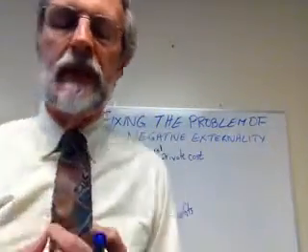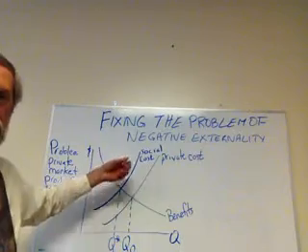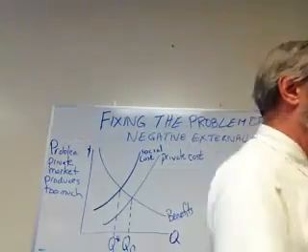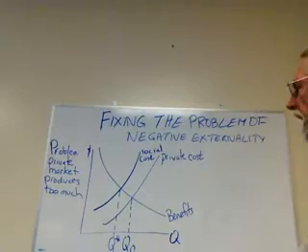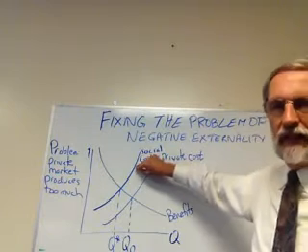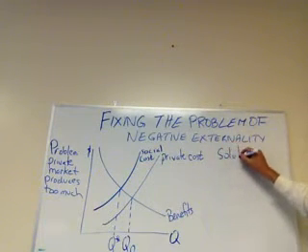Make the business or make the person take into account the costs that it or they impose on other people. So we really want to have this shifted over so that it becomes this. So that's our general solution to the problem.